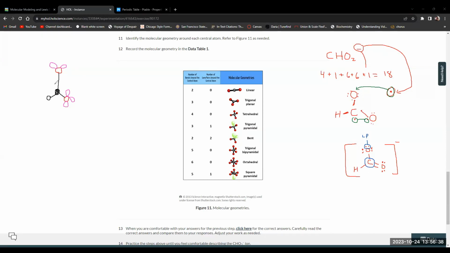So we have one central atom and three things attached to it. So it looks a lot like trigonal planar.